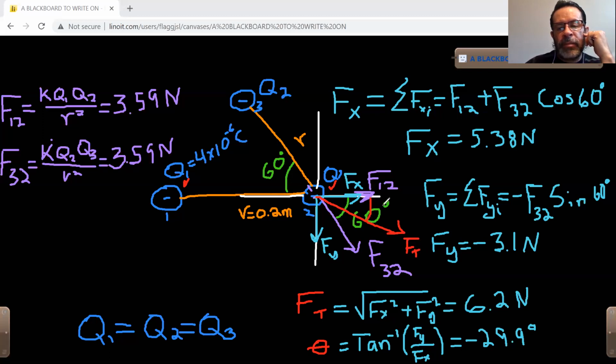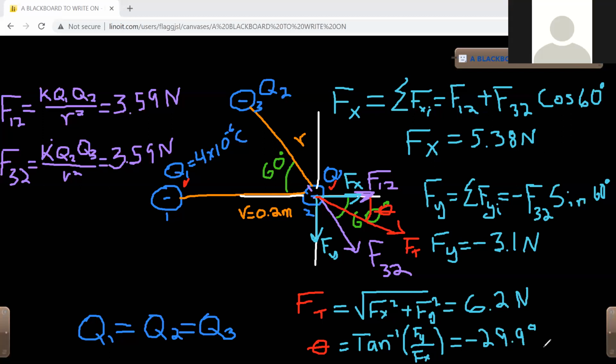And the angle is going to be theta here, which is going to be this minus 29.9. Now, notice that in the answer, it says 150 degrees, right? Why does the answer say 150 degrees instead of negative 29.9, when both are correct? Can somebody tell me? Just subtract from 180?